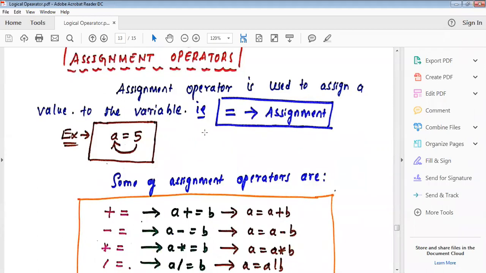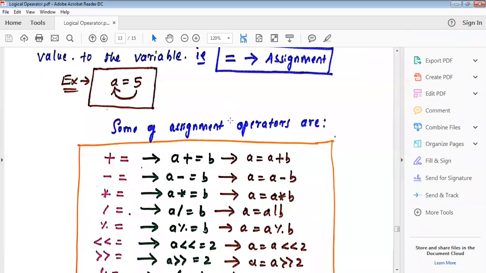Here I wrote one simple example, a is equal to 5. This is how to represent assignment. The is equal to symbol indicates you are assigning the value to the variable.